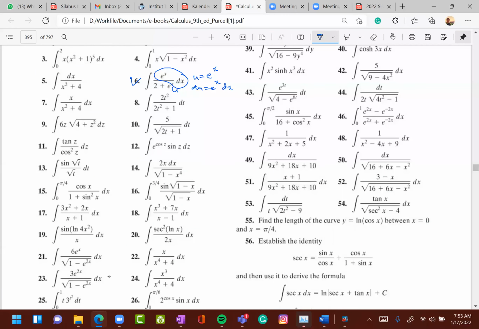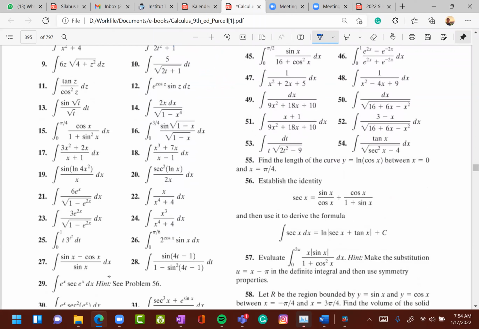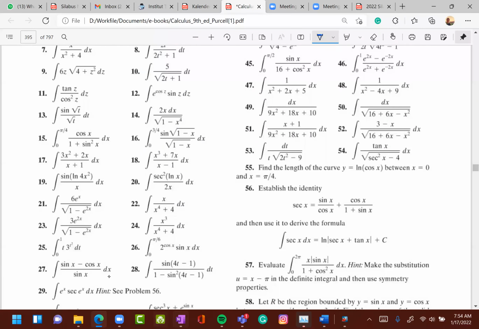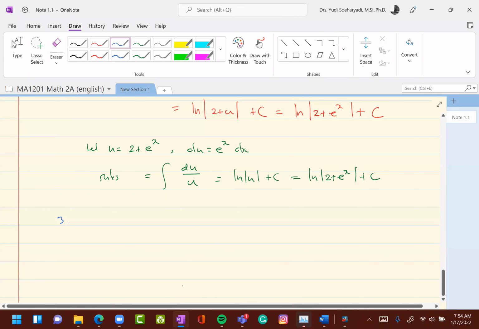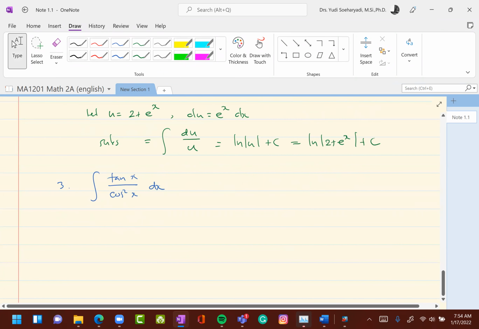Say problem here, Problem 11. Tangent over cosine square. In this case, you'd have two obvious options, right?